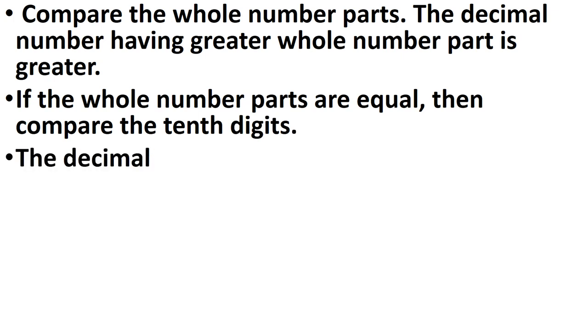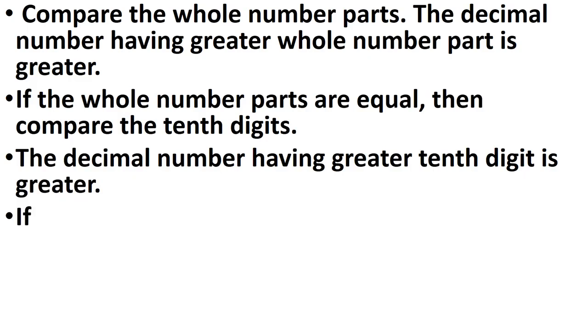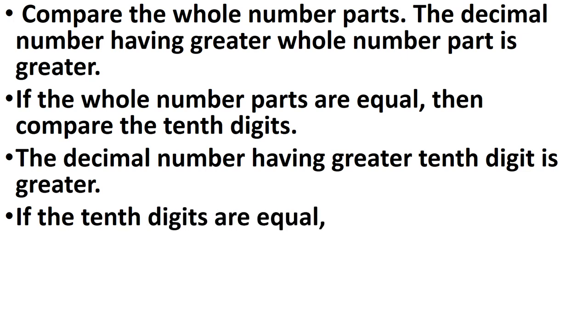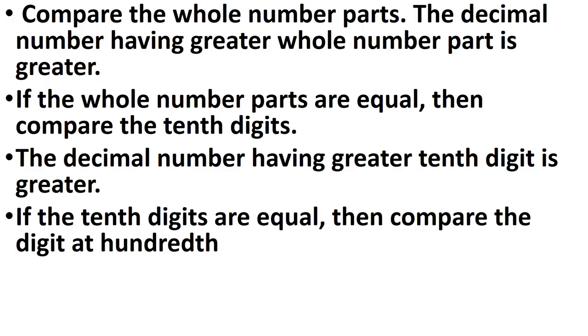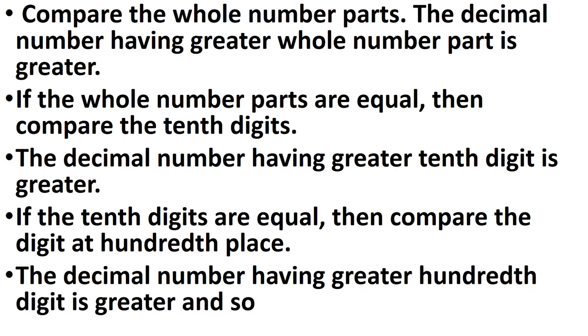The decimal number having the greater tenth place digit is greater. If the tenth digits are equal, then we will compare the digit at the hundredth place. The decimal number having the greater hundredth place digit is greater. And in this way we will move on.